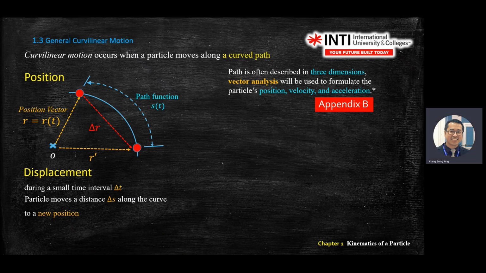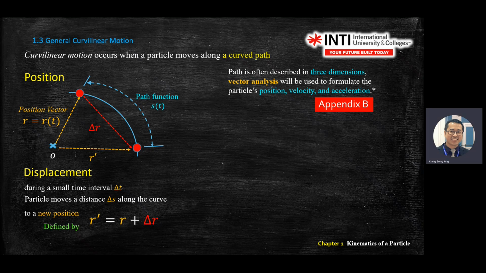A vector you can break into two smaller vectors. Let's say this is V, we have Vx and Vy. You can draw it in a vector diagram: Vx plus Vy, you get the resultant V. This is the first vector diagram you learn, maybe in your statics.